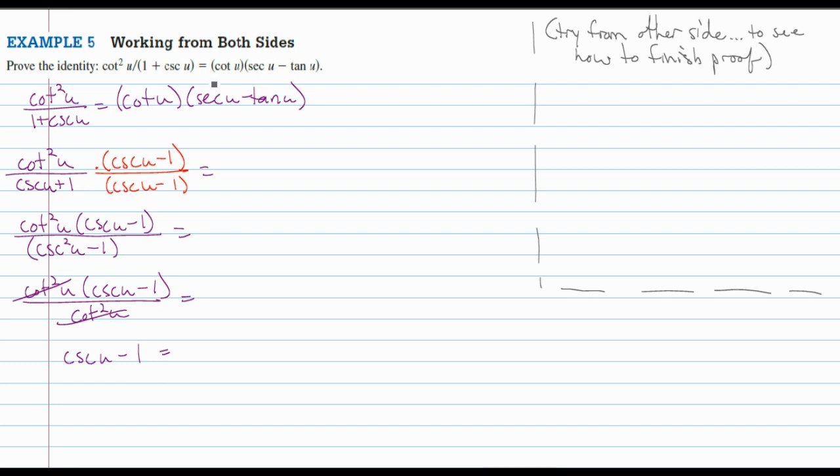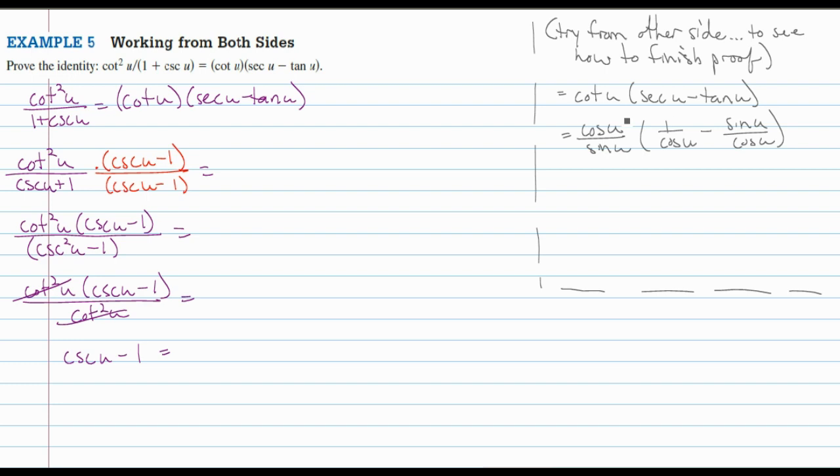So off to the side, I'm going to try working from the other side just as some scratch work. I'm going to take cotangent of u times secant of u minus tangent of u, and I'm going to change that to sines and cosines. So that's cosine of u over sine of u times 1 over cosine of u minus sine u over cosine u.